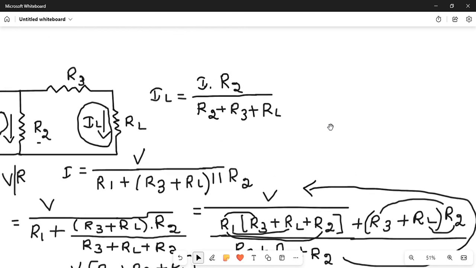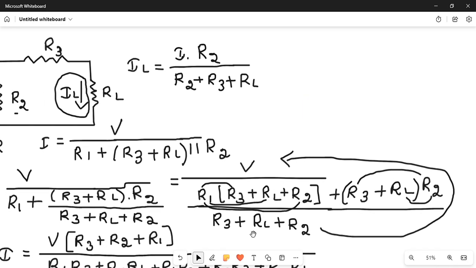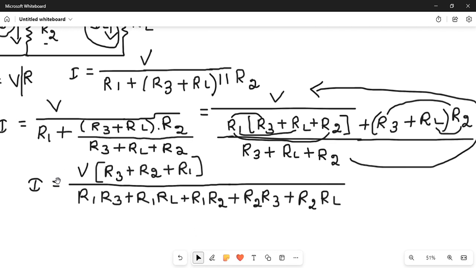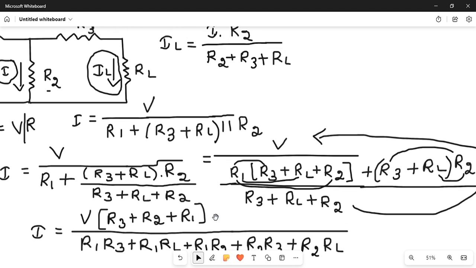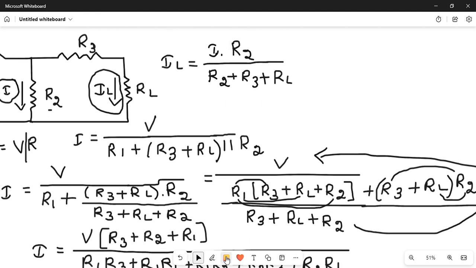So if you substitute, I will erase the I over here. I guess you got to know what is I. So the whole thing I am going to write there.